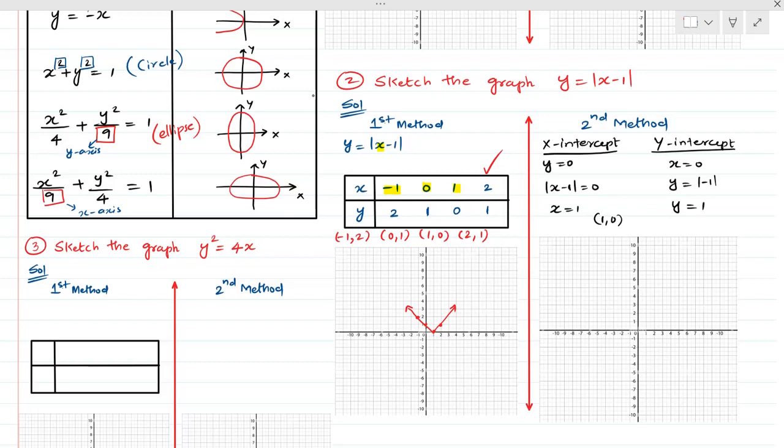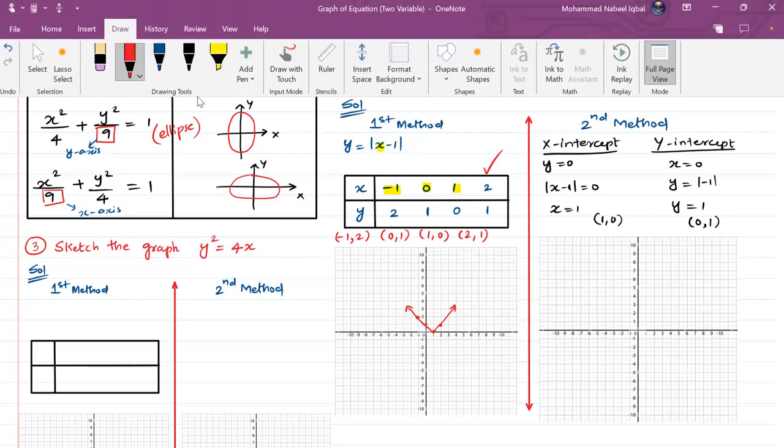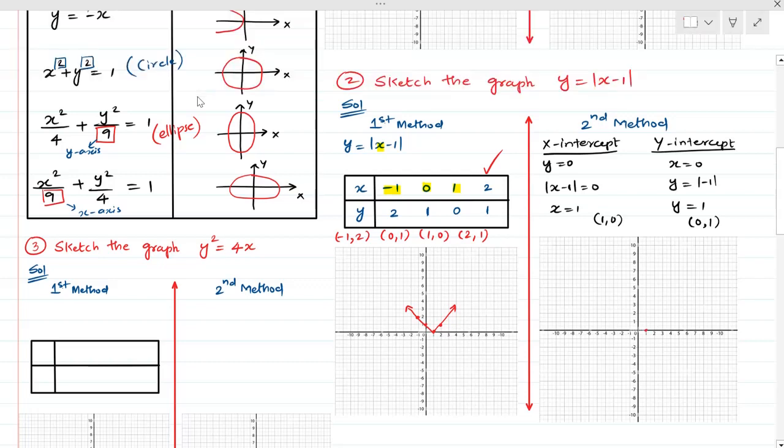Therefore the point will be 0 comma 1. Now just join the line here. So x equal 1, y 0 is at this point, and 0 comma 1 will be here.